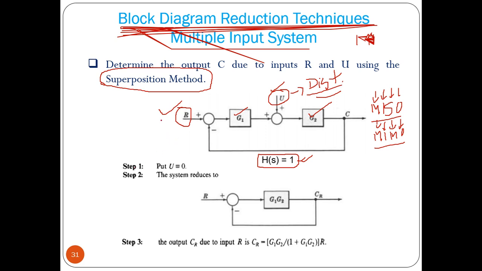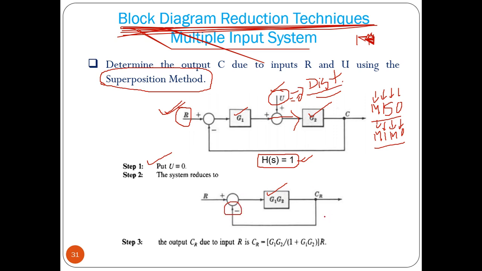Now in this case, say R is activated and U equal to 0. So put U equal to 0. If U equal to 0, this summer has no effect, so this is connected directly. That means the overall system is R, G1 and G2 come in series, so G1 G2 multiplied, connected with negative feedback.